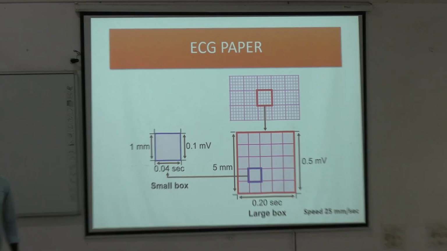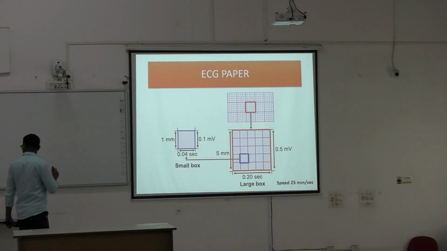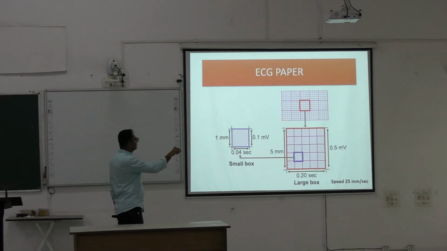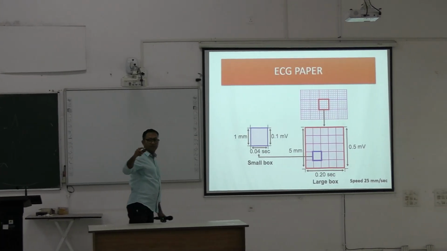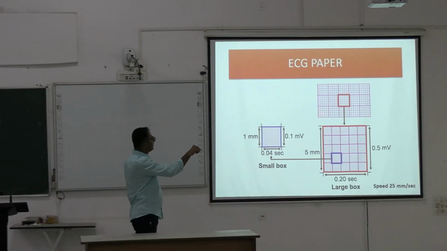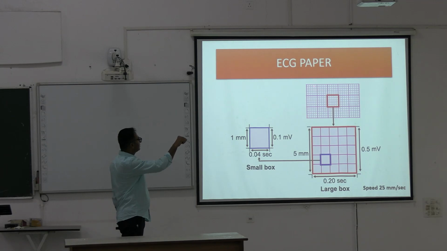Okay, 0.1 millivolt, right? Now say for example, one positive deflection is this, I am drawing with the help of this pointer.